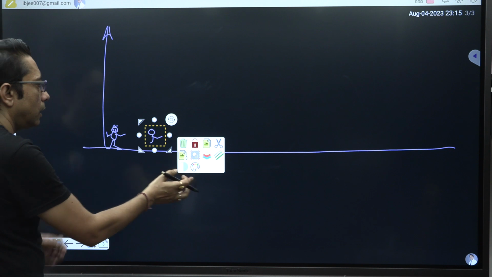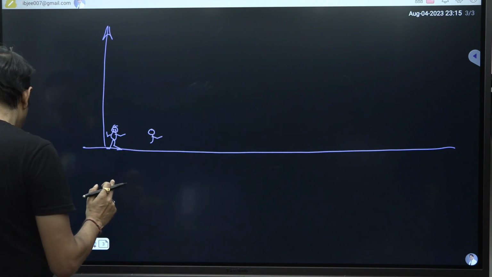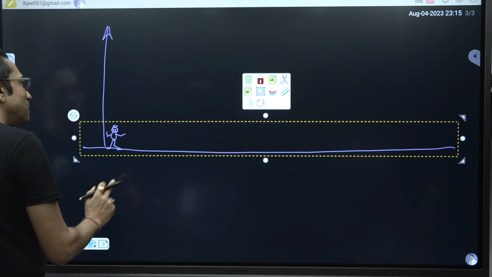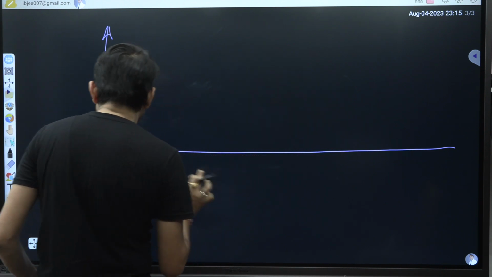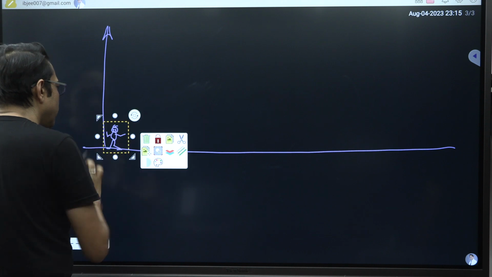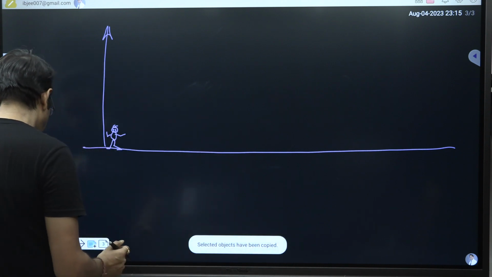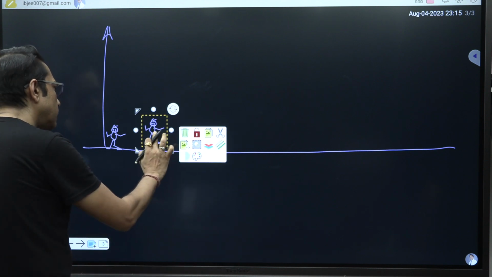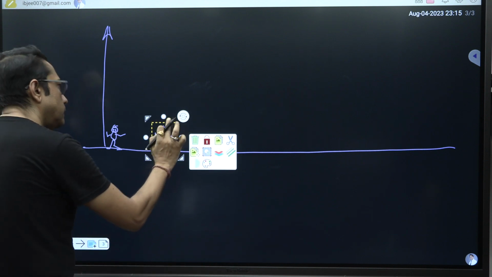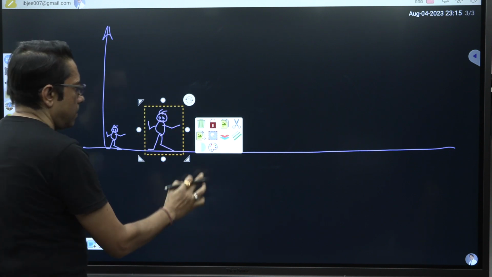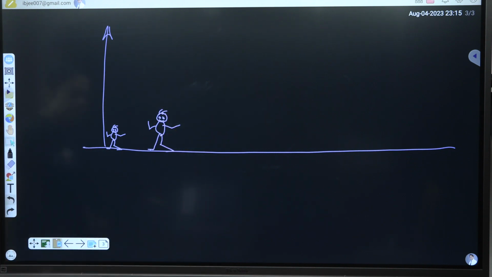Hey, the full Shah Rukh Khan has come, right? Give me a little time, so that I can complete this. Oh, the whole thing came. I got Shah Rukh Khan back. Now after some time, Shah Rukh Khan became this size.